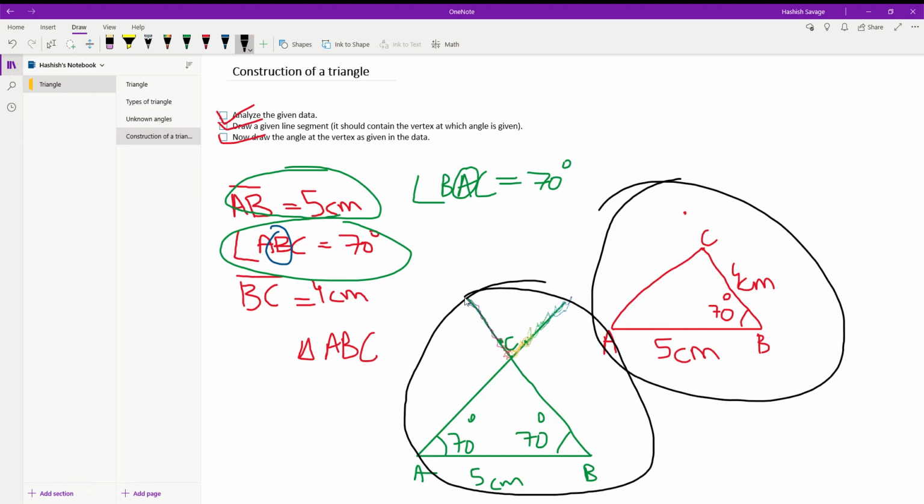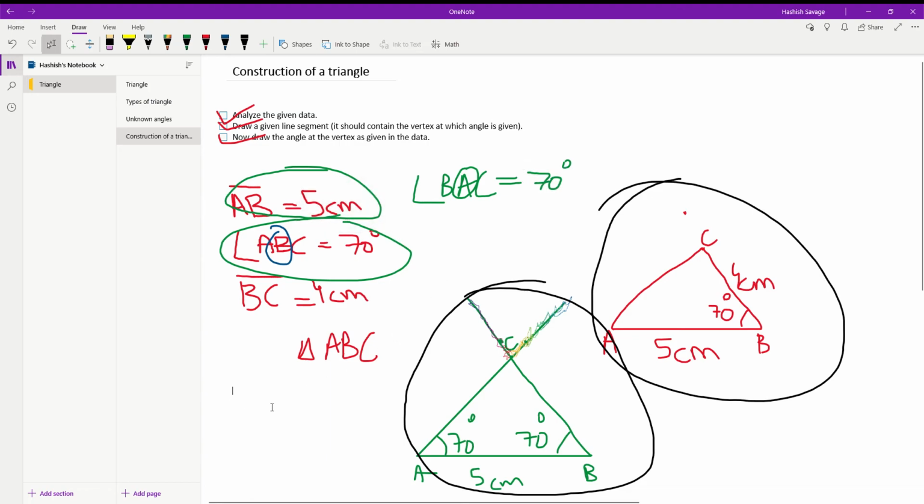And you need to take a note over here that you need to write the steps as well. For example, I'm going to write some of the steps. So I'm going to write the steps according to this green diagram, in which two of the angles were given, this one and this one, and one of the sides was given, that is this one.